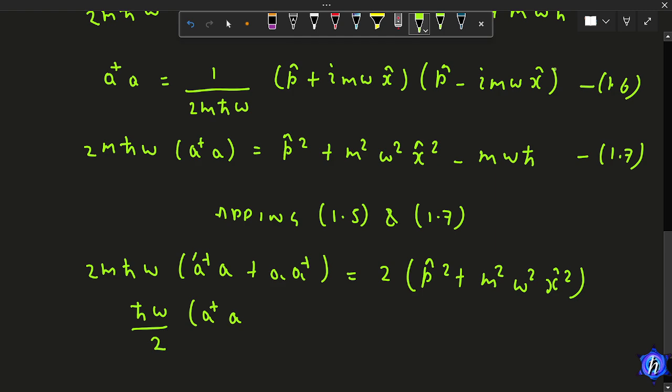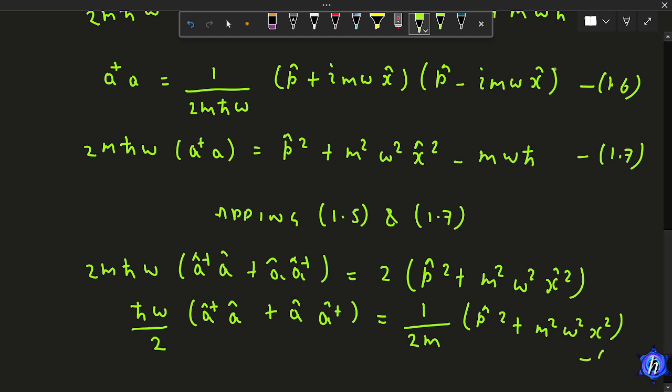So a a dagger plus a dagger a is equal to 1 upon 2m p square plus m square omega square x square. So this is my equation 1.8.